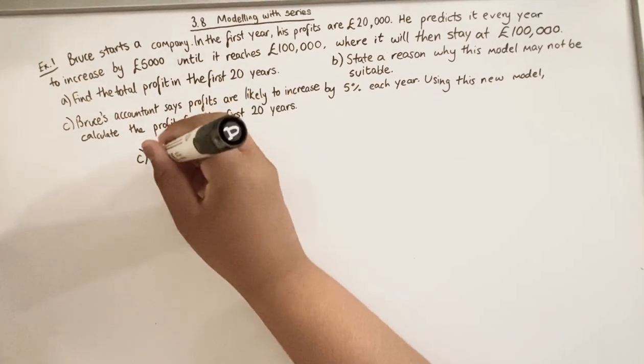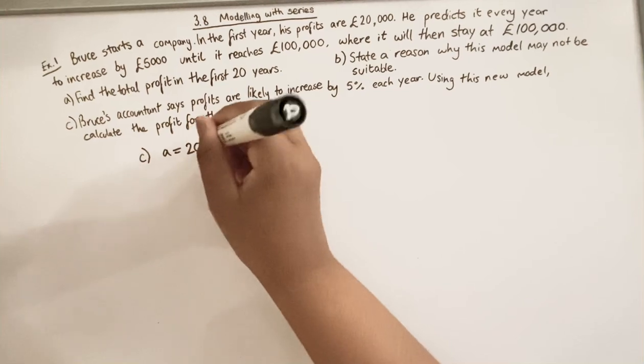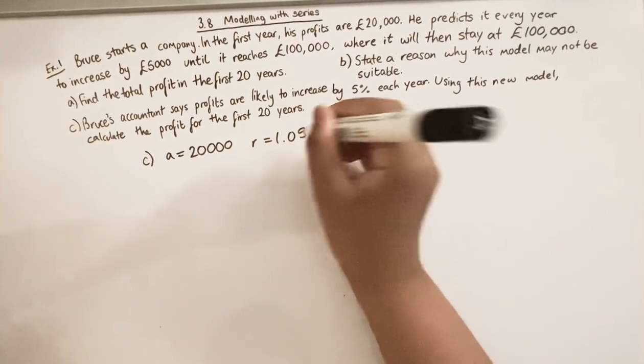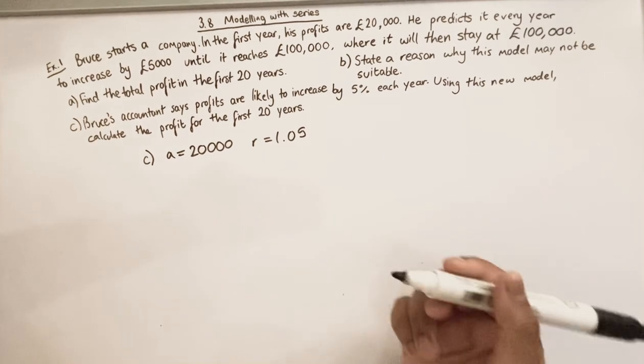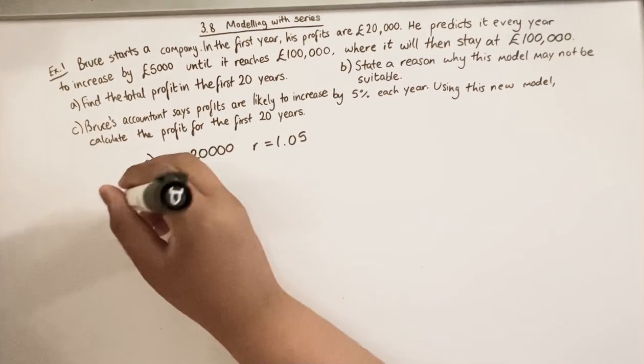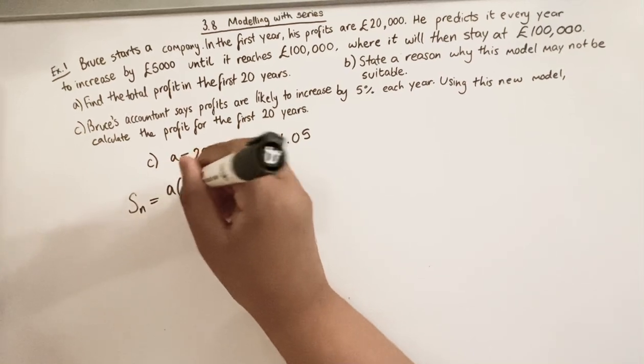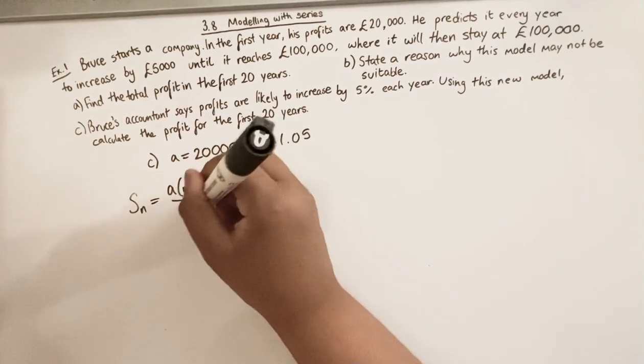So we can say the first term a is 20,000, and the common ratio is 1.05, which is 1 plus 5%. So we know the sum of n is a times (r to the n minus 1) over r minus 1.